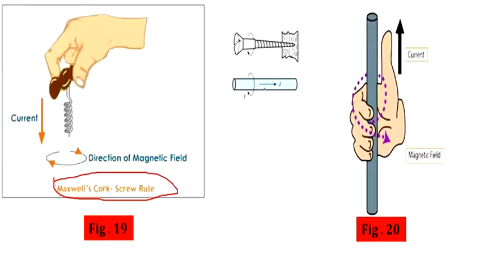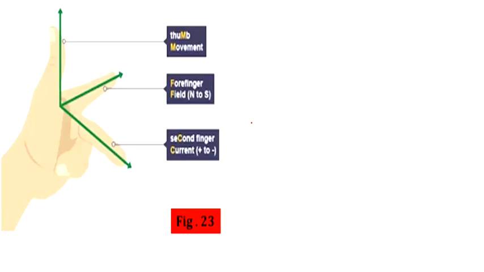So the force direction, current direction. Fleming's left-hand rule, also called the motor rule. Fleming's right-hand rule will be used for generators.